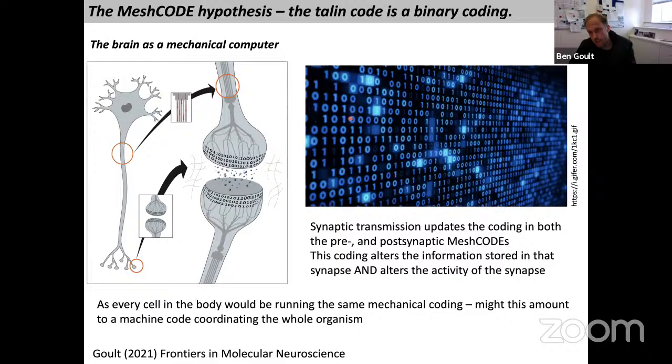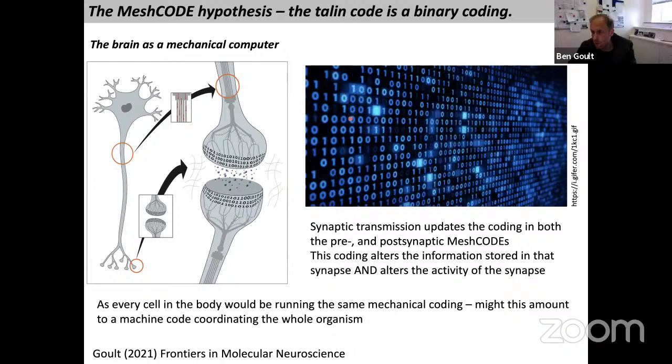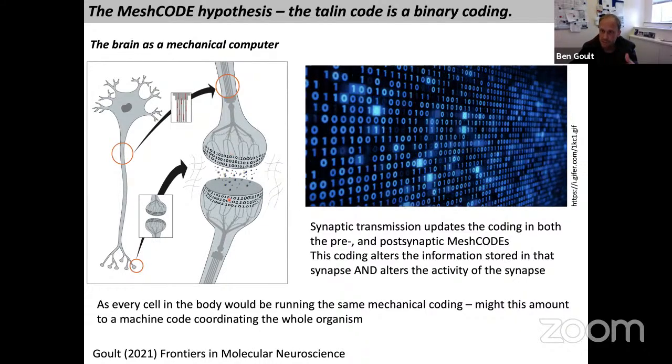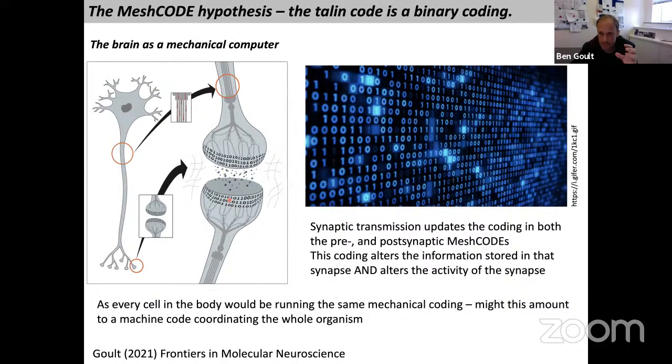And that's where we come to this mesh code theory: what we're actually looking at with talin, what we've been striving to understand all that time, is that this is a binary coding, and that the brain is in essence behaving a bit like a mechanical computer, where you've got this mechanical signaling occurring, and this electrochemical signaling is coordinating this cytoskeletal machinery, this mechanical computing nature, constantly dialing up and down each of these synapses, making them more active or less active, and capturing that information at the same time.